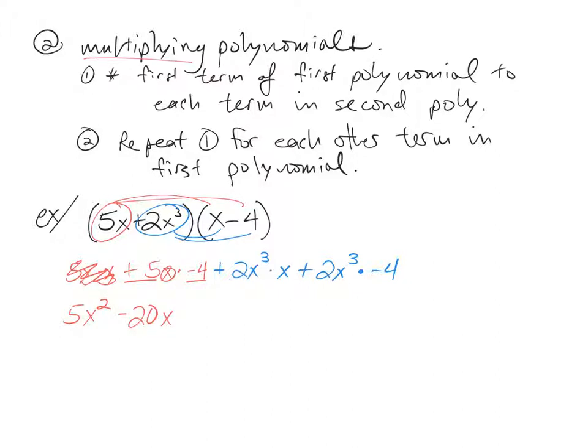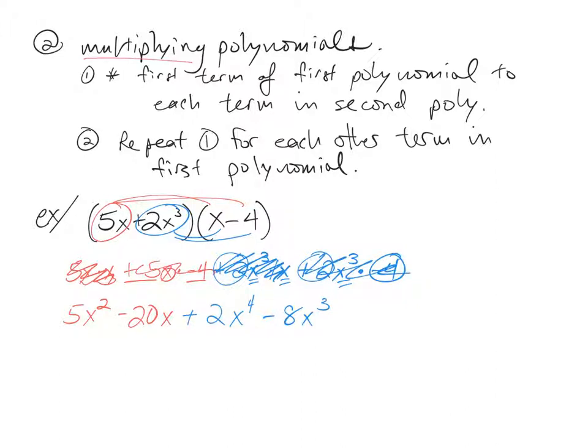So we're done here. Plus 2 times 1 is 2. X cubed times x is x to the 4th power. So we're done with that one. Then I have a 2 times a negative 4 is negative 8 x cubed. So we're done with that one.